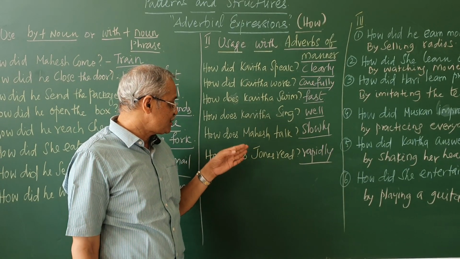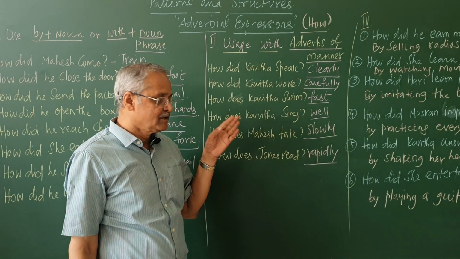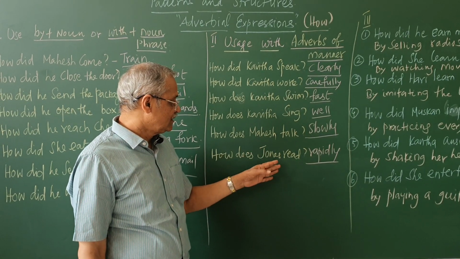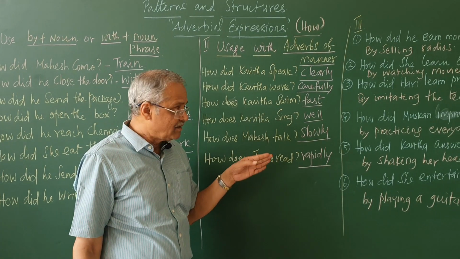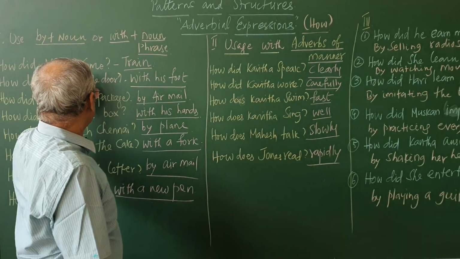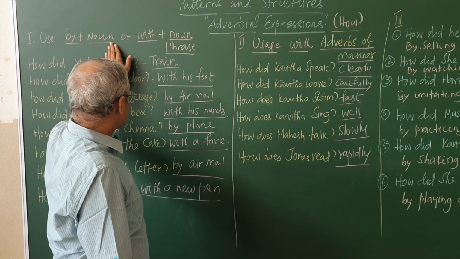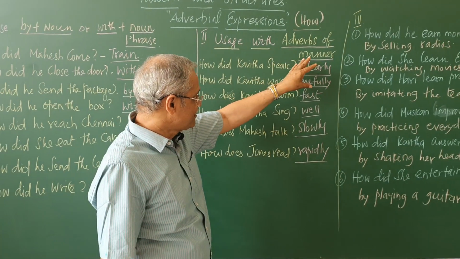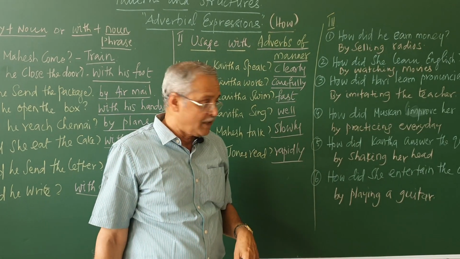How does Mahesh talk? Mahesh talks slowly. How does Jones read? Jones reads rapidly. This is the second way. First, we can use by plus noun as an answer or with plus noun phrase, or with the help of adverbs of manner we can answer the questions of how.